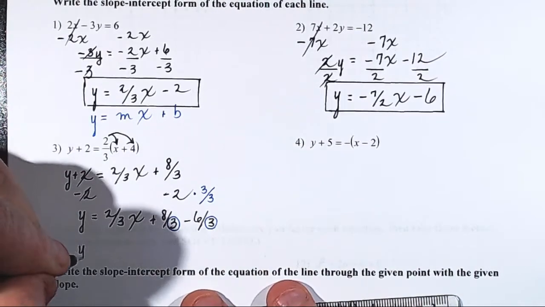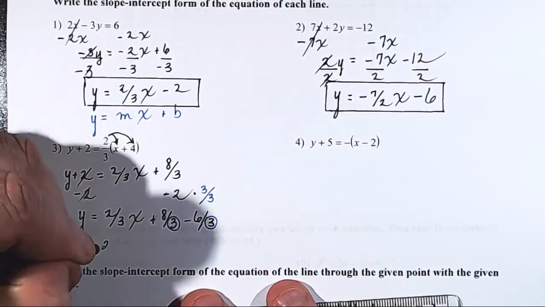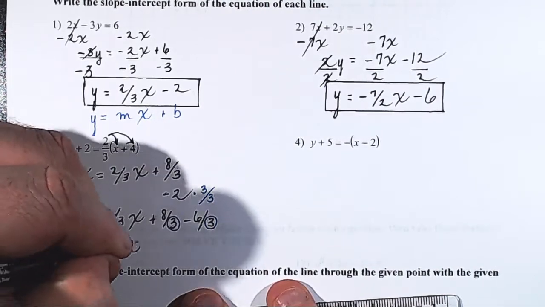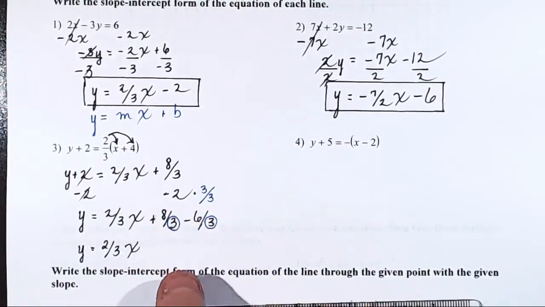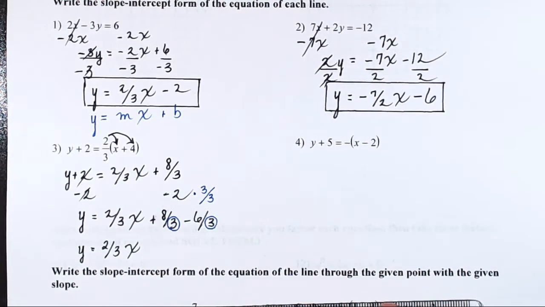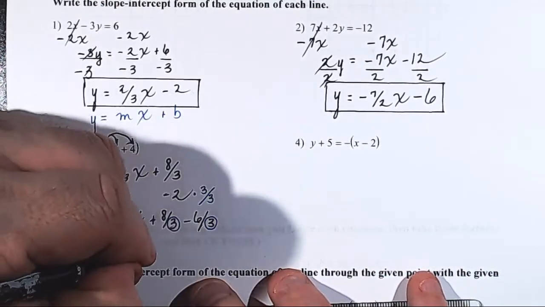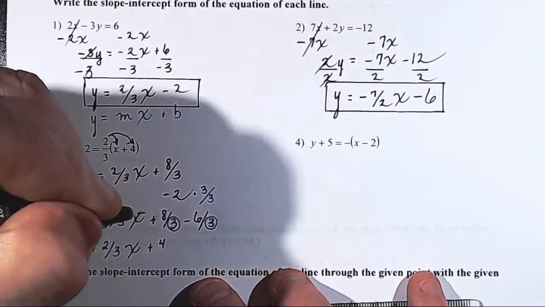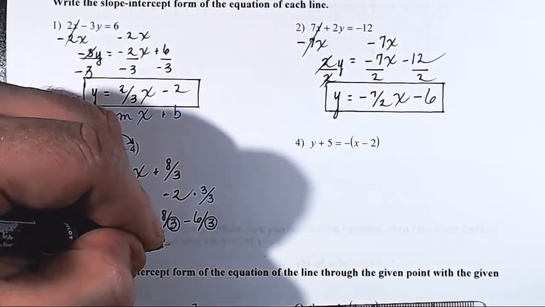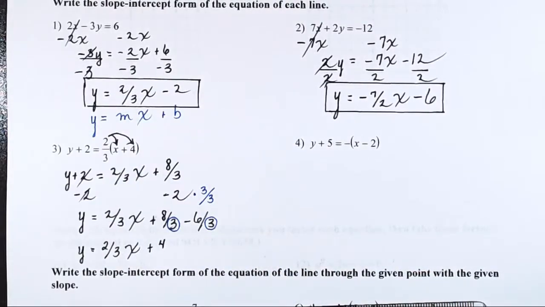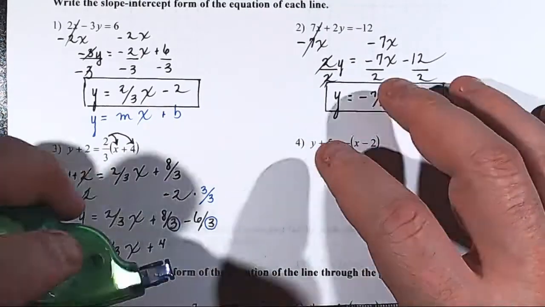So I'm going to subtract 6 from 8 on the next line. So I have y equals 2/3 x, and then 8 minus 6 over 3. 8 minus 6 is 4 over 3. Sorry, not 4. 8 minus 6 is 2.